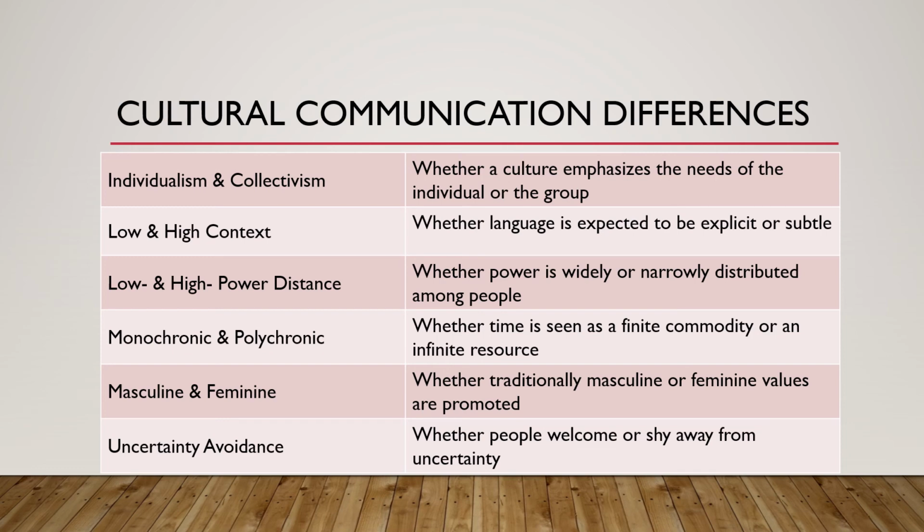In our culture, we expect people to be on time, we set deadlines, and we expect people to stick to them. But in more polychronic cultures, time is viewed more holistically and fluidly. Efficiency isn't necessarily a priority. Punctuality is not a priority, and so time is not necessarily seen as a finite resource. So kind of the opposite of that monochronic perspective.